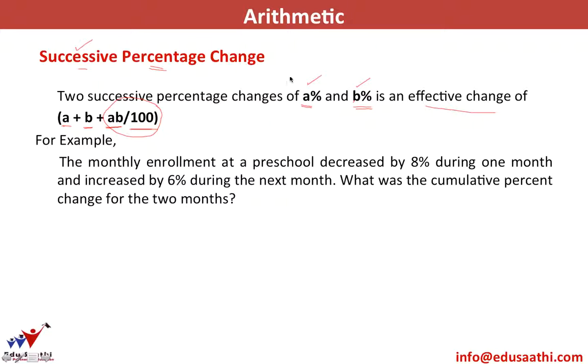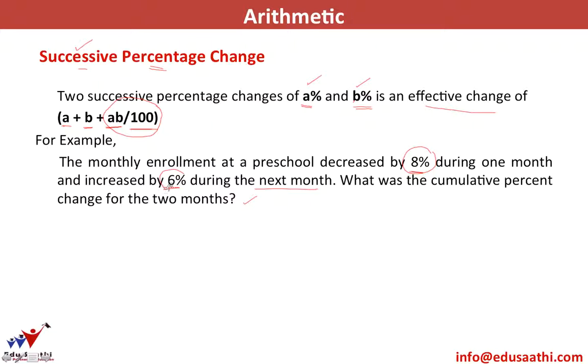So let's take an example and understand the concept. The monthly enrollment at a preschool decreased by 8% during 1 month and increased by 6% during the next month. What was the cumulative percentage change for these 2 months? Now if I look at it, for this 8%, my base would be the previous month.